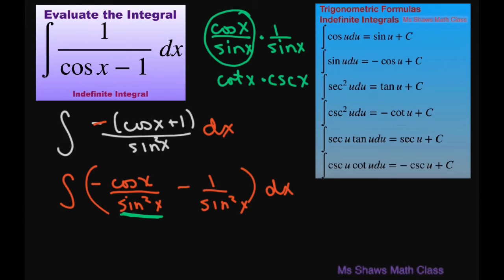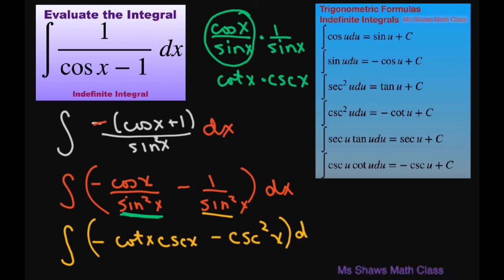So let's rewrite this. We're going to get the integral of negative cotangent of x times cosecant of x minus, now 1 divided by sine squared of x is cosecant squared of x, dx. Now we can integrate this.